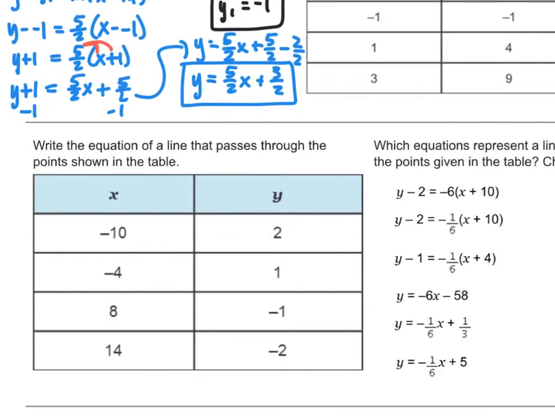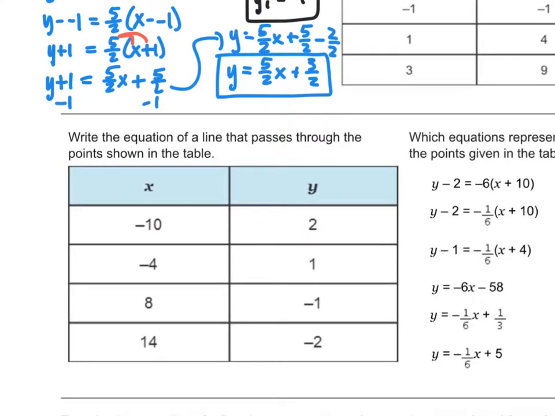Then it says that we want to write the equation of the line that passes through the points in the table. The first thing I'm going to do is calculate the slope using the values in the table. I'm just going to use these points here to calculate my slope.